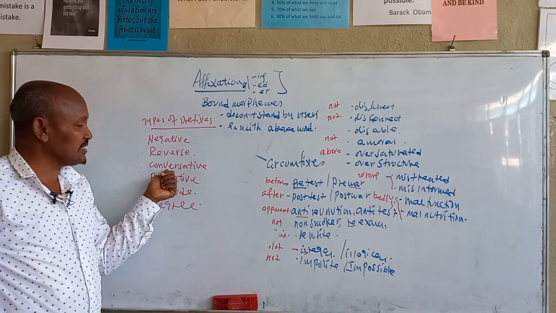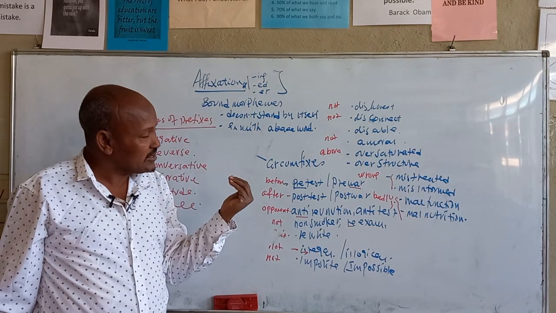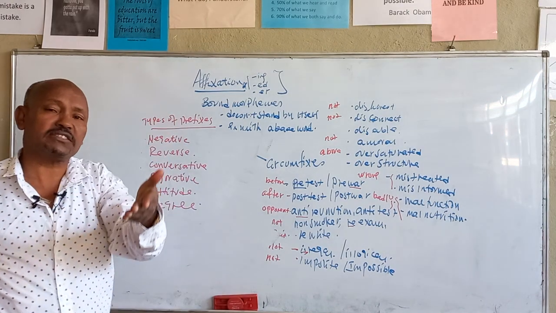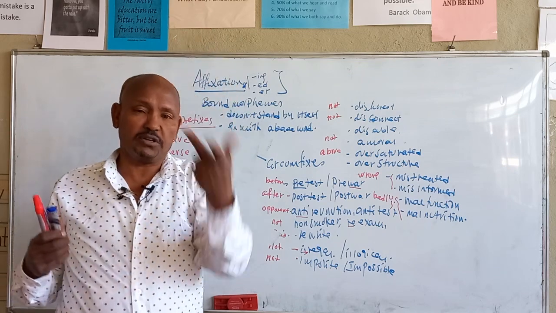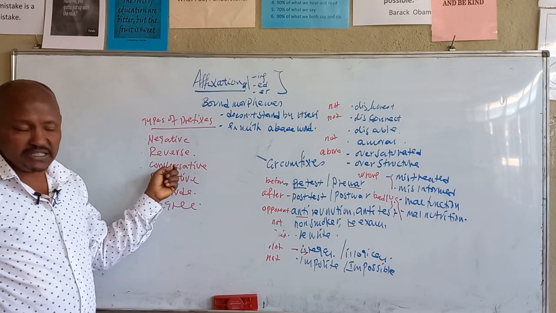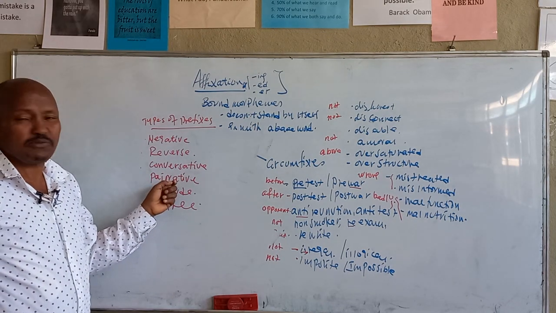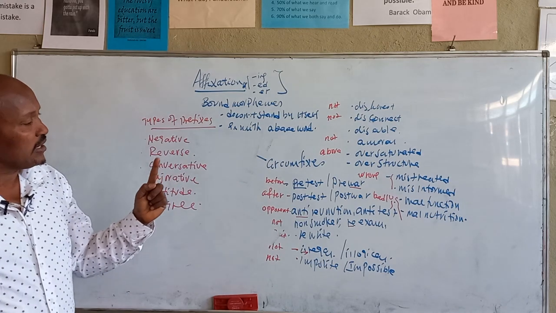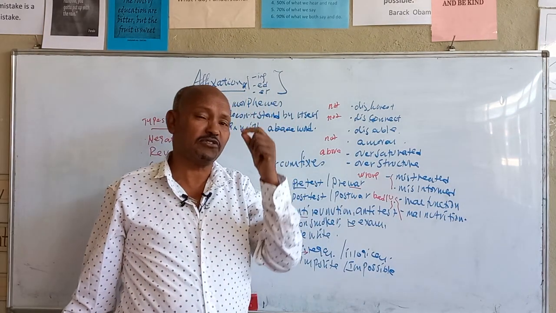Conversative means the meaning of the negative prefix is the converse of the positive or root word meaning. So we can say conversative, converse it means. The other is the pejorative prefix. Especially these, mis and mal, are pejorative prefixes.